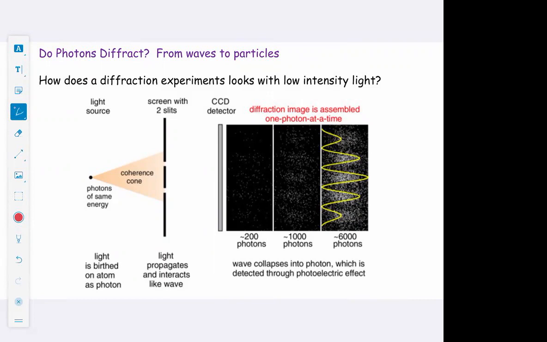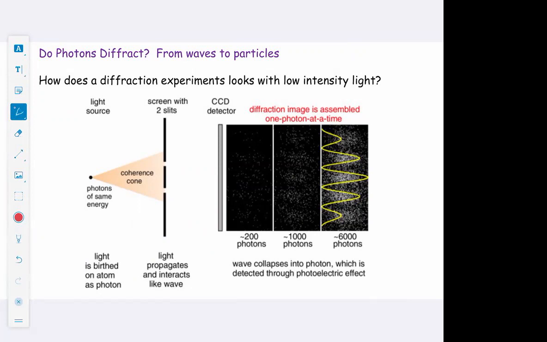So if photons are good in terms of describing the photoelectric effect, we had a complete chapter at the beginning of the course that waves are good to describe the phenomena of diffraction. But to describe the nature of the interaction of light with matter, we need to use a model for light that is a photon.